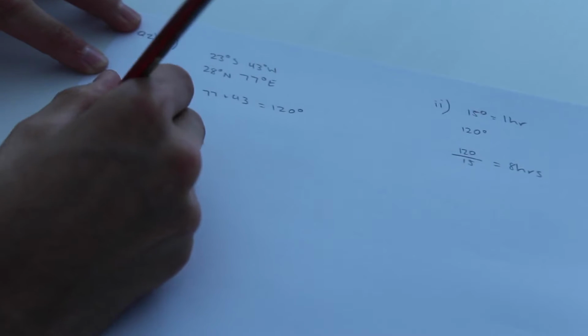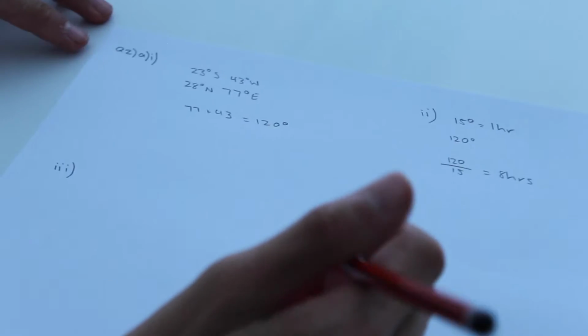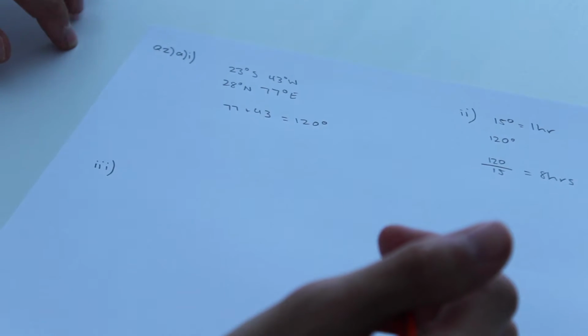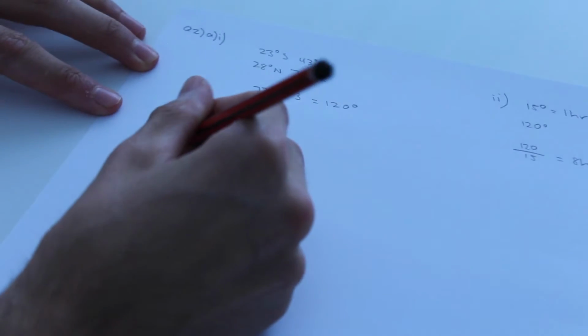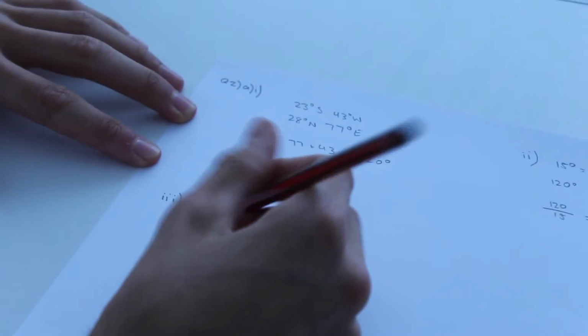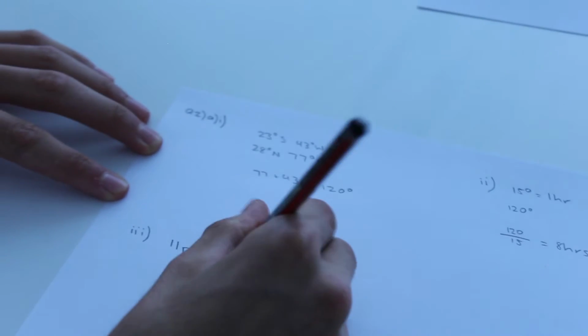Part 3 of the question asks us to say what time it is in New Delhi if Jose places the call at 11 PM on Tuesday. So in order to work this out, it's 11 PM for Jose, so we put 11 PM here, and there's an 8-hour time difference.